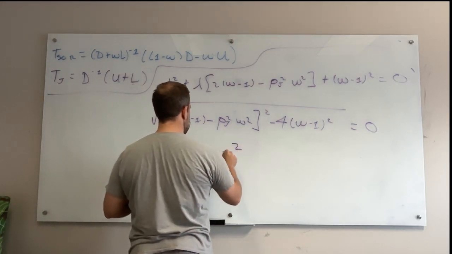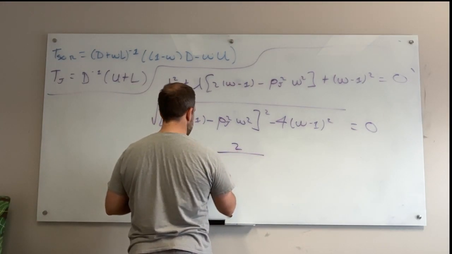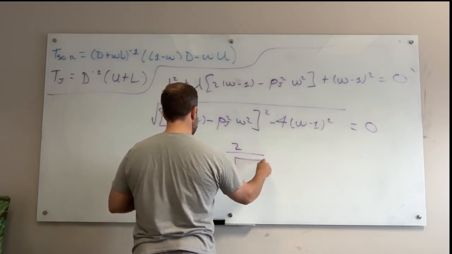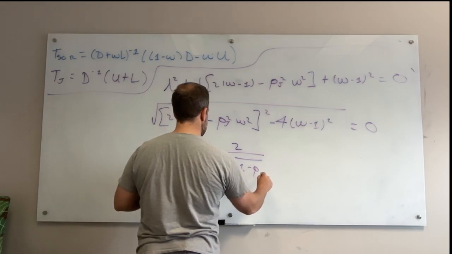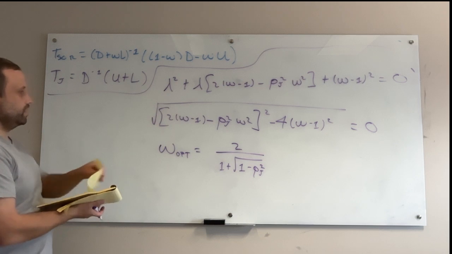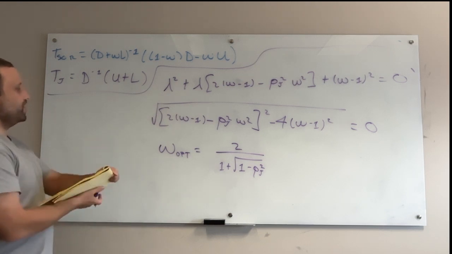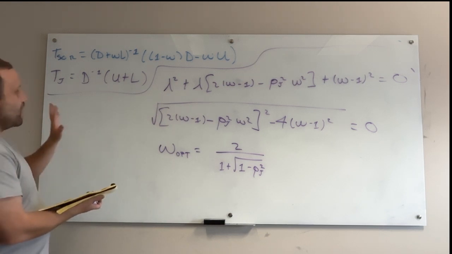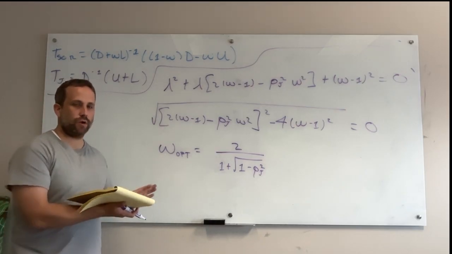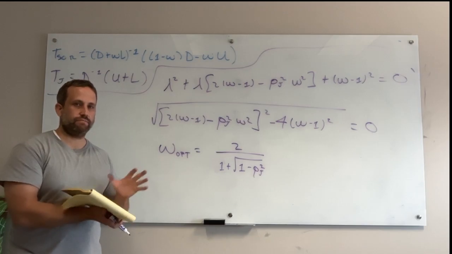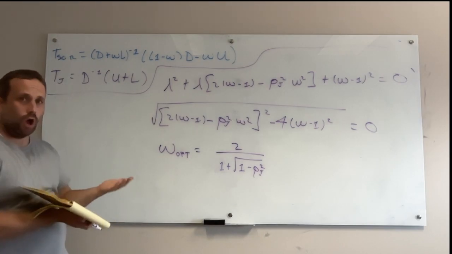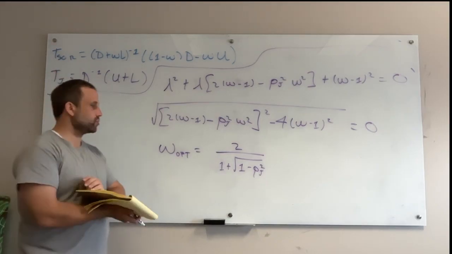This is equal to 2 divided by 1 plus the square root of 1 minus rho j squared. Okay, so again, what this is saying is that if I have a specific matrix, one that satisfies this weird property where the spectrum of this matrix with the lambda is the same as the spectrum of the TJ matrix, and all of our matrices satisfy that, even something a little bit stronger.